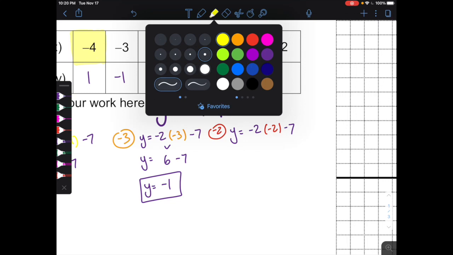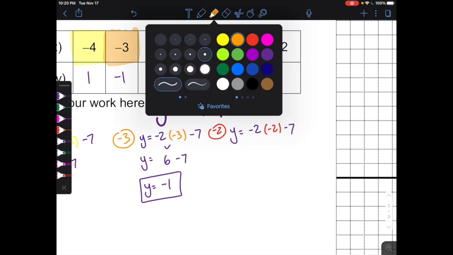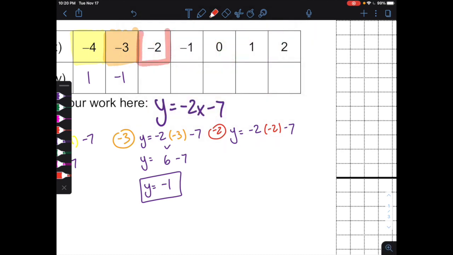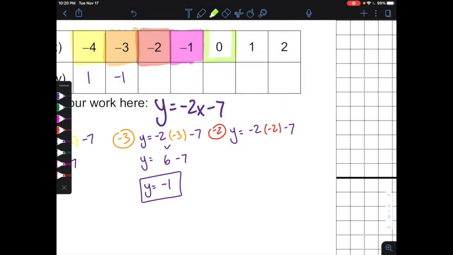I mean, I can be a little bit more clear. Where am I getting these numbers? Right here. Okay. So I'm going to use that same process, and instead of x, put in negative 2, and then negative 1, 0, and so on and so forth. Okay? So let's keep going.